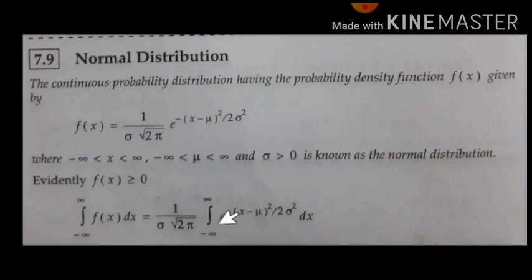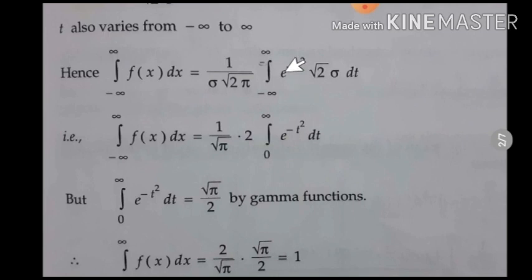So we get e to the power of minus t square. And dx will be substituted as root 2 sigma into dt. Root 2 gets cancelled, sigma gets cancelled. So what is left for the next step?